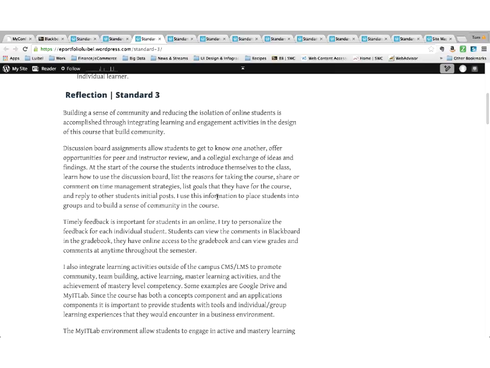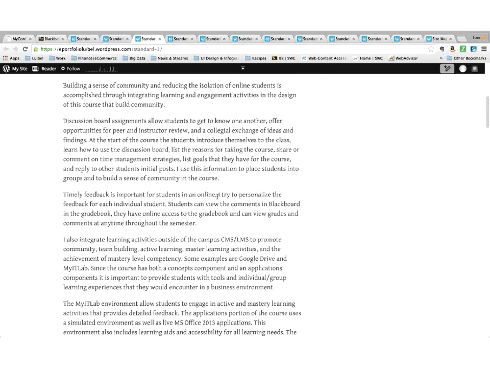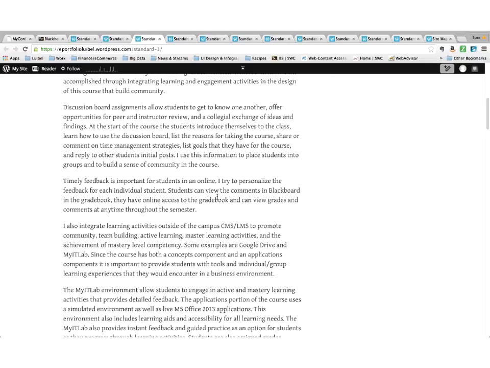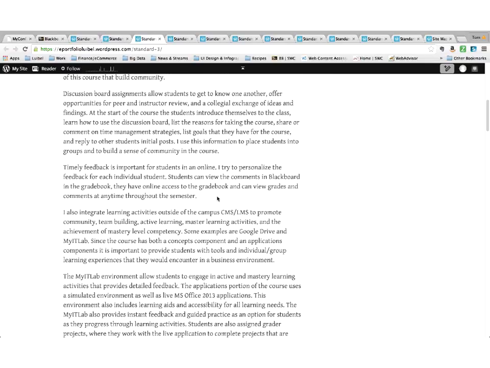So really one of the goals in my courses is to build a sense of community early on and reduce the isolation of online students. One of the things that I do is the first discussion assignment is an introduction, and it gives opportunities for the peer and the instructor for collegial exchange of ideas. They can get to know each other.